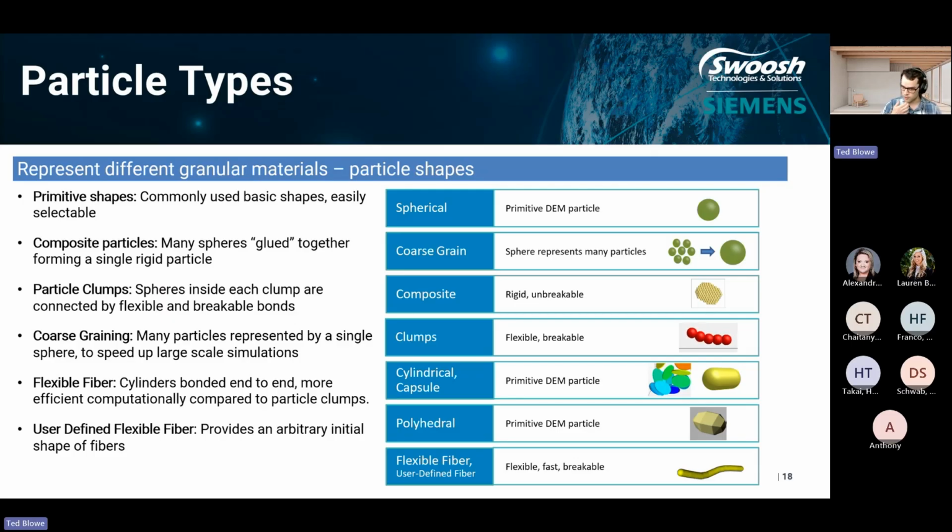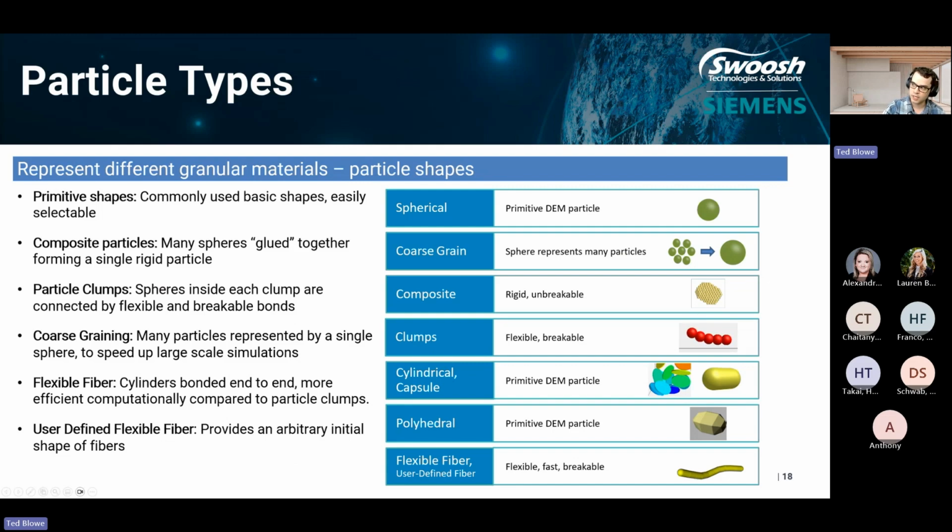And then one final note is that if you're trying to represent a coating on a particle, like a tablet in a pharmaceutical application, for example, this can be modeled via interaction with a passive scalar model.